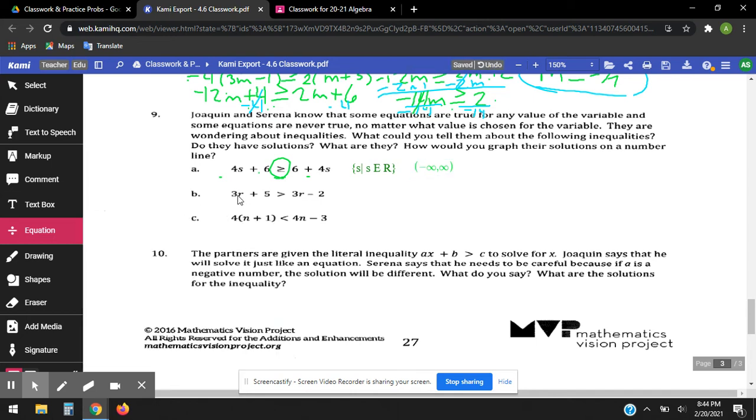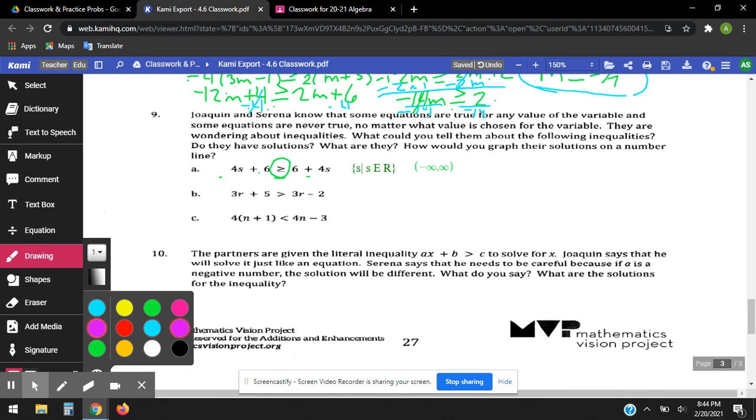All right, so this one, if I go to solve it, let's go ahead and just switch colors for this one so we're not getting confused. If I add 2, and I subtract 3r, my 3r's would cancel. So then I would have 7 is greater than 0, which is true, right?